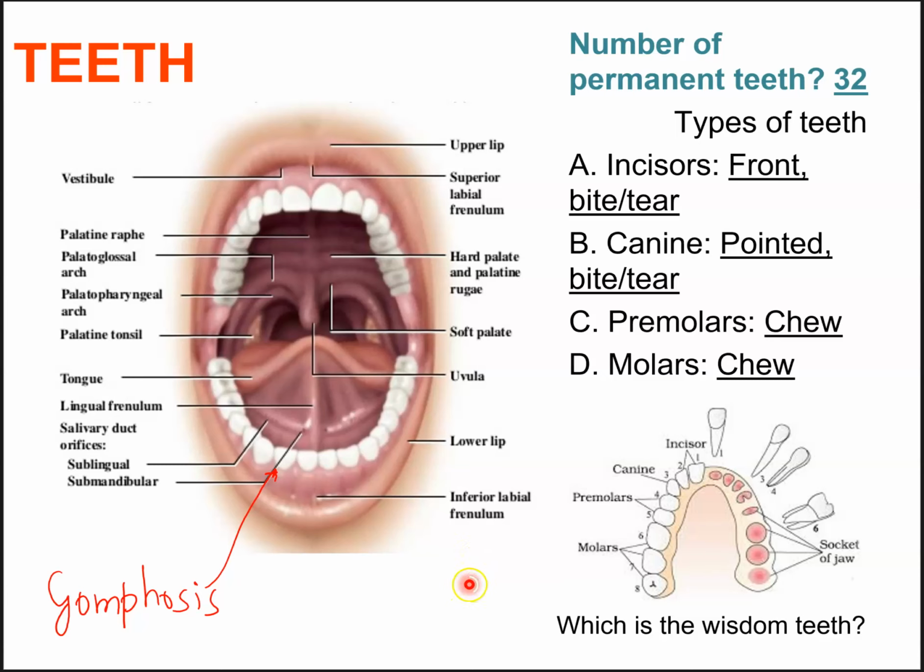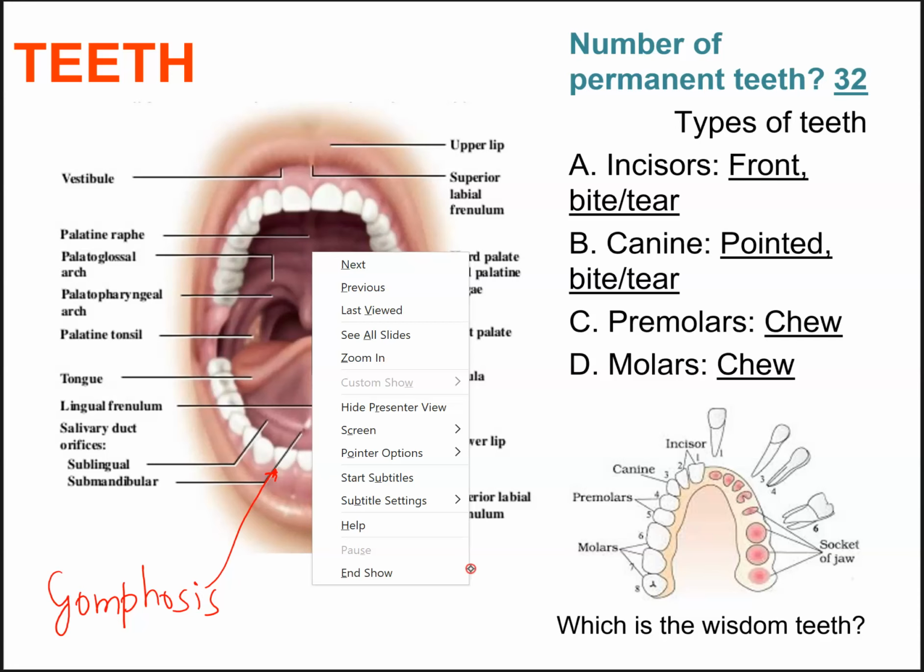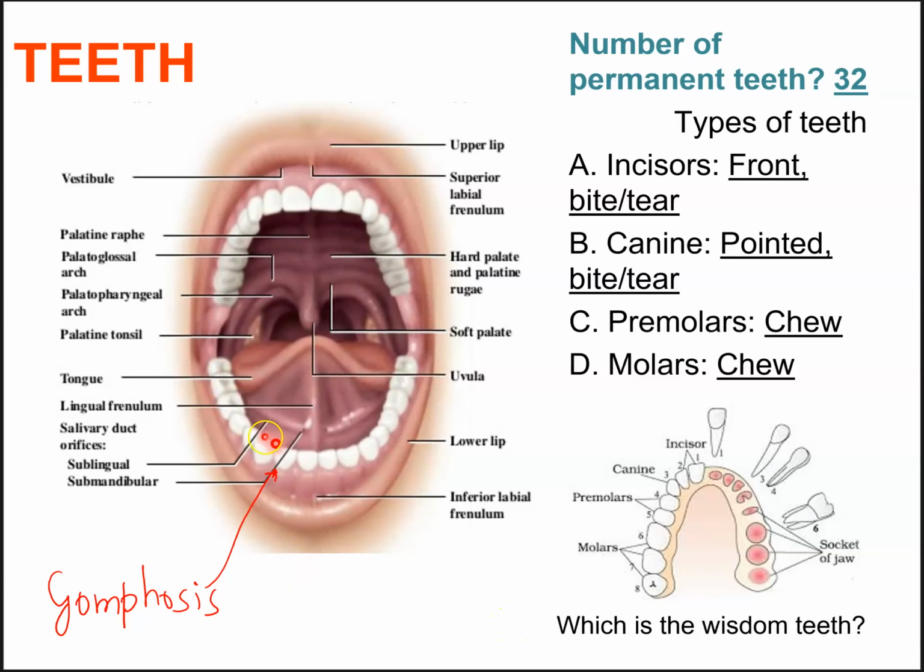And the tongue helps in manipulating the food and chewing down the food and moistening the food before we gulp it down the esophagus. Now, the teeth, salivary gland, and tongue are very important in contributing to the function of the mouth.